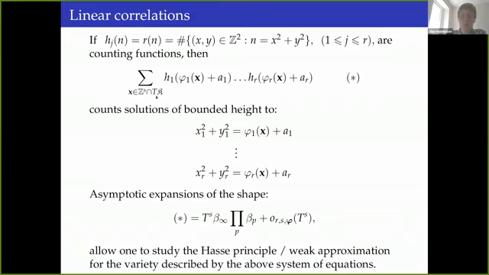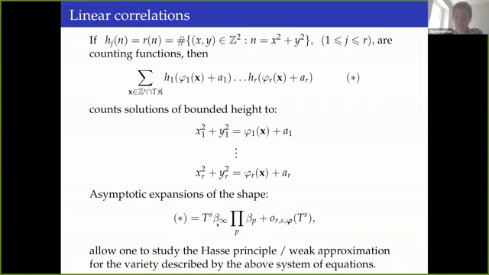What else can you do with asymptotic evaluations of star? If you can show that star has an asymptotic evaluation, which has a leading constant that can be interpreted as a product of local factors, and has the property that as soon as all of these local factors are positive, the product still converges, then you can prove a Hasse principle for solutions of the system of equations.